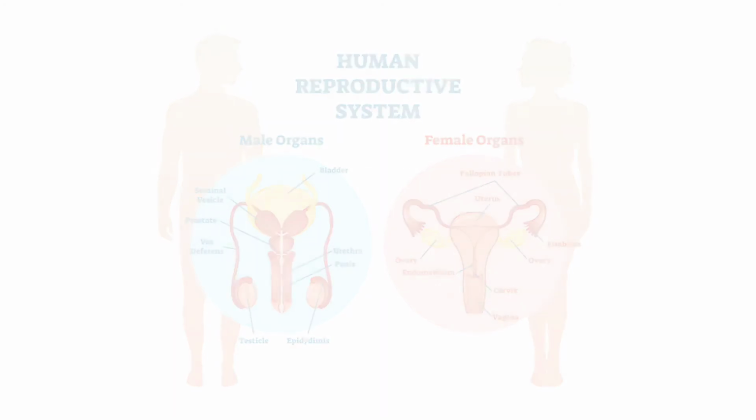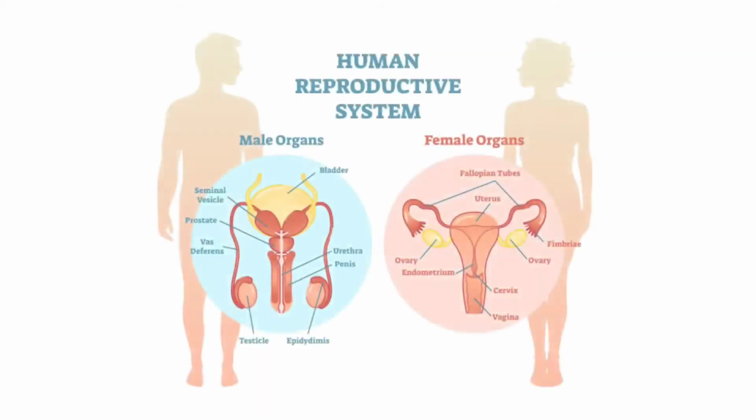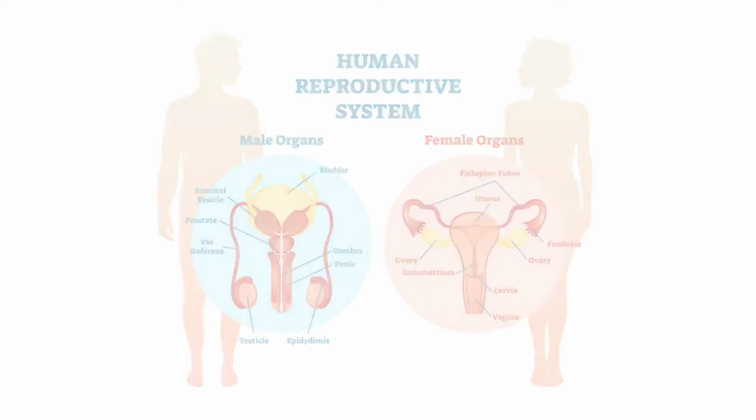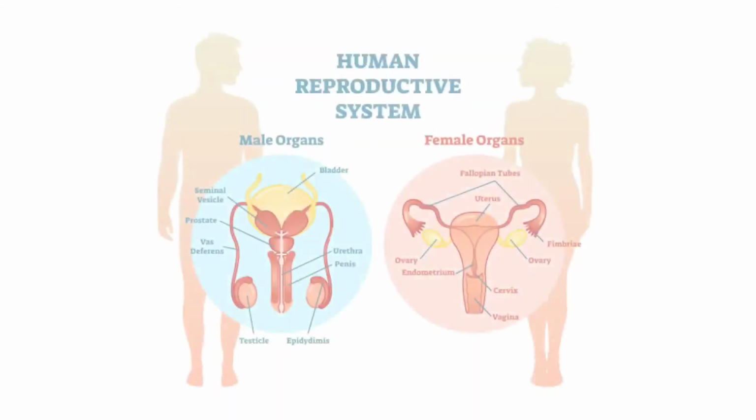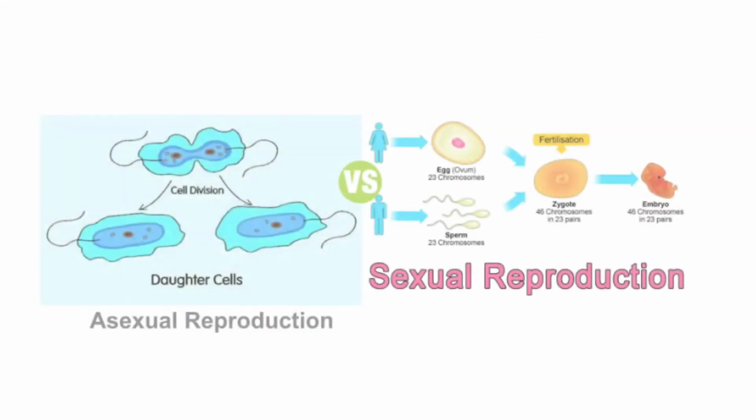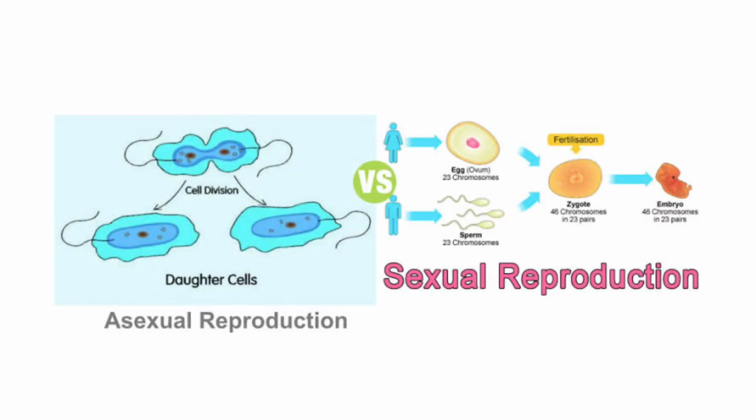And this reproduction is basically of two types: one is asexual reproduction and the other is sexual reproduction. First, we will learn what asexual reproduction and sexual reproduction are. Asexual reproduction is the reproduction process carried out without the fusion of male reproductive organs into female reproductive organs, like plant reproduction.